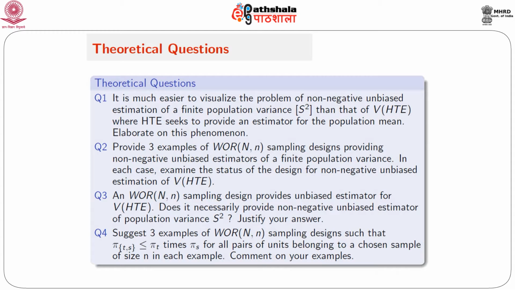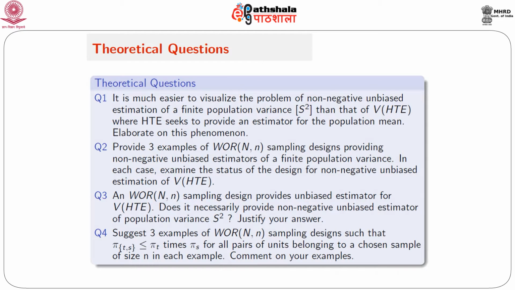Please read the next one. A without replacement N, n sampling design provides an unbiased estimator for the variance of the Horvitz-Thompson estimator. Does it necessarily provide a non-negative unbiased estimator of the population variance, capital S squared? Justify your answer. It is again a good, trivial but interesting question.